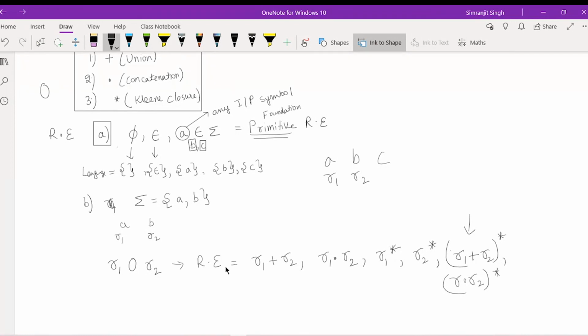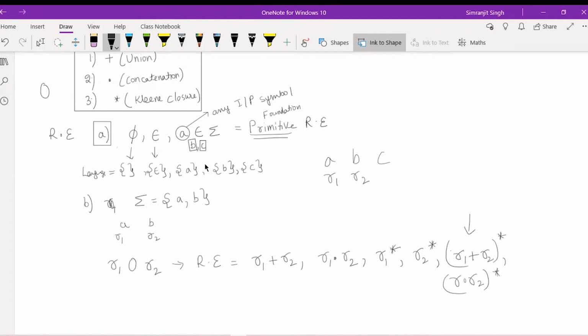So the definition of a regular expression: the primitive regular expressions are your foundational regular expressions that constitute phi, epsilon, and any single input. When you take that input and apply these three operators, what are the three operators? Plus, your union, concatenation, or your Kleene closure, then you will also get a regular expression.